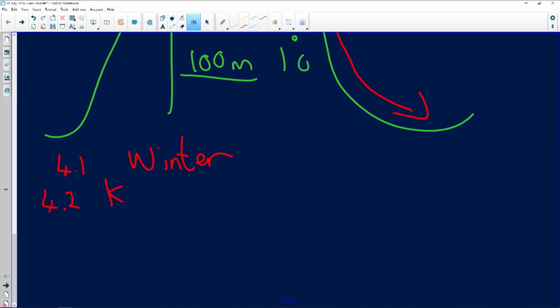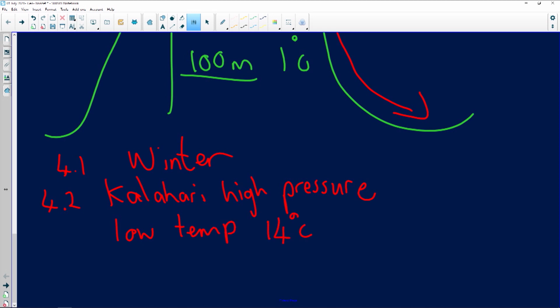We have the Kalahari high pressure system present. Okay, there's a low temperature of 14 degrees in the interior.